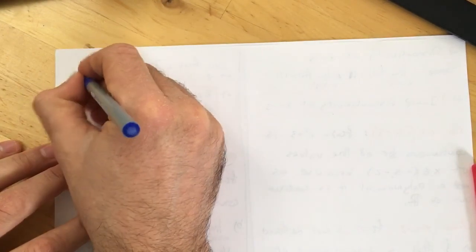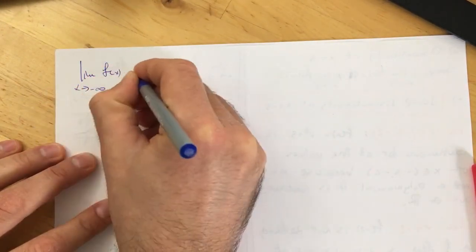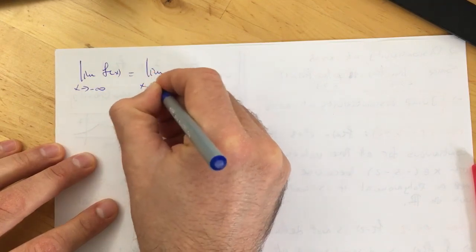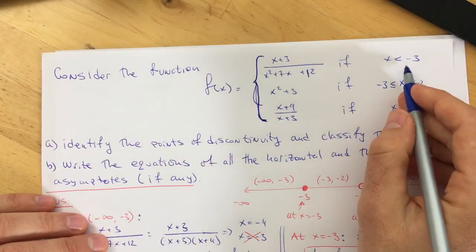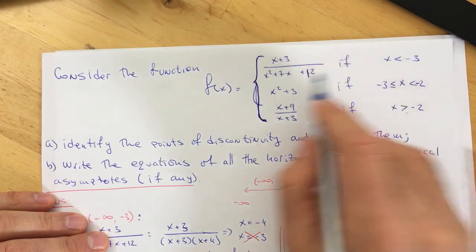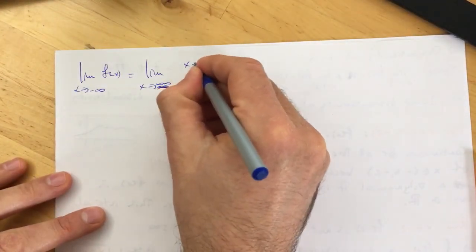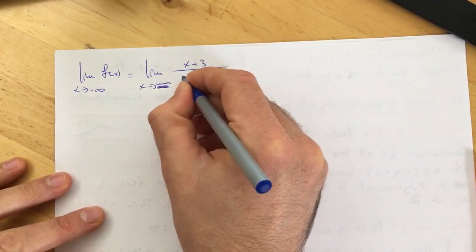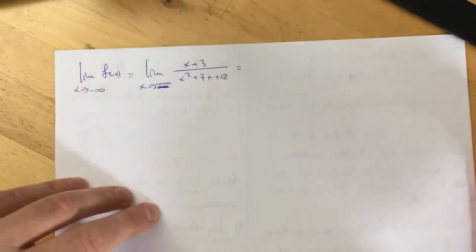So the limit of f of x as x approaches negative infinity, sorry, as we're going towards negative infinity, that means we are talking about numbers less than negative 3. When x is less than negative 3, f of x takes on this definition: x plus 3 over x squared plus 7x plus 12.